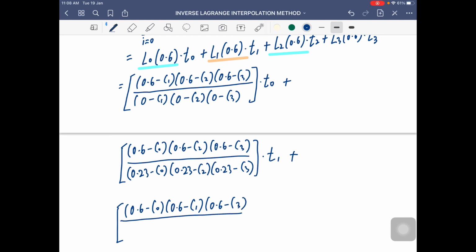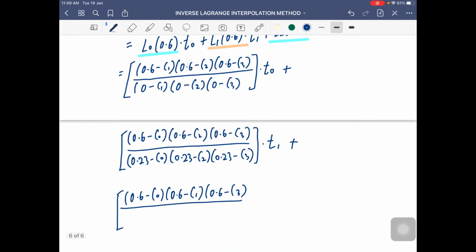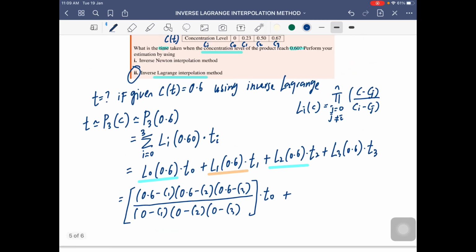Okay, so I divide with my C2, 0.5, so below here 0.5 minus C naught times 0.5 minus C1 times 0.5 minus C3. Alright, and then I multiply this with my T2 and then plus, so the last one here, L3.